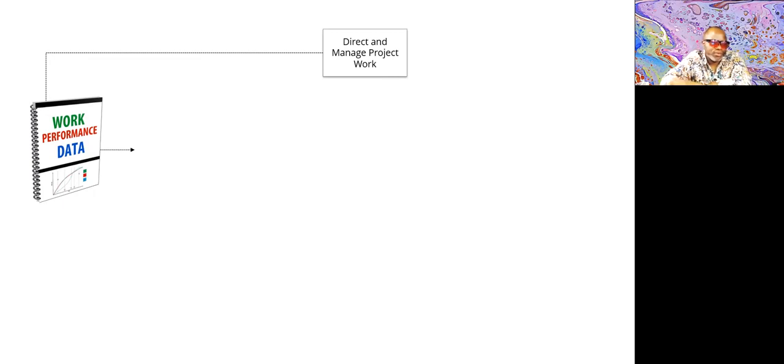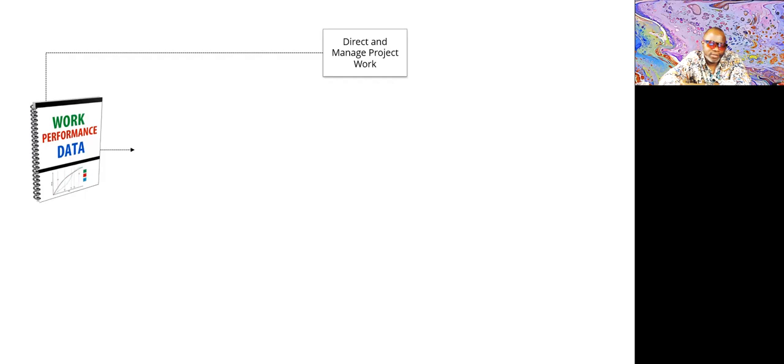That's what we do as workers, as project managers. So work performance data is simply a raw observation of how the work is proceeding. It's that simple. How is our work going? It's a raw observation. Another example of work performance data could be, we have this resource on the project, and his name is Phil, and he's a key resource.